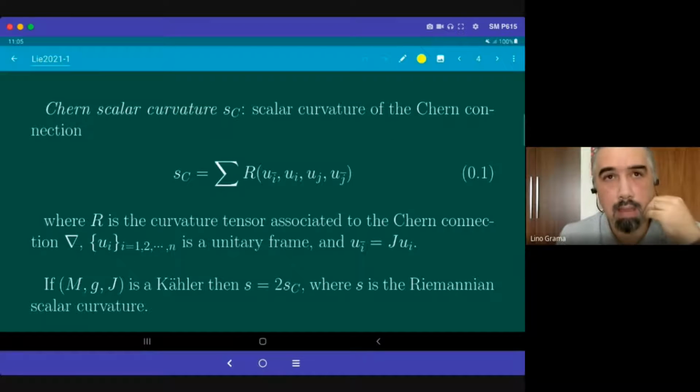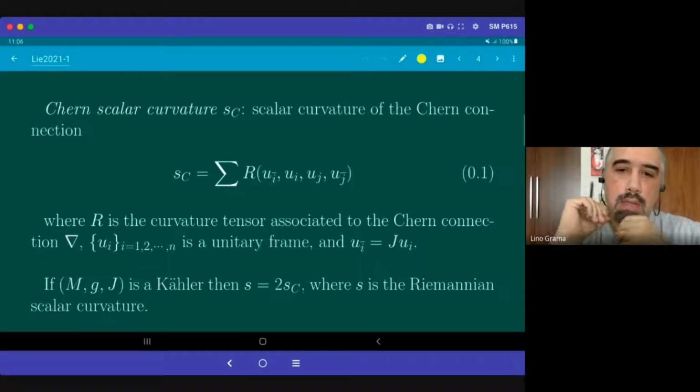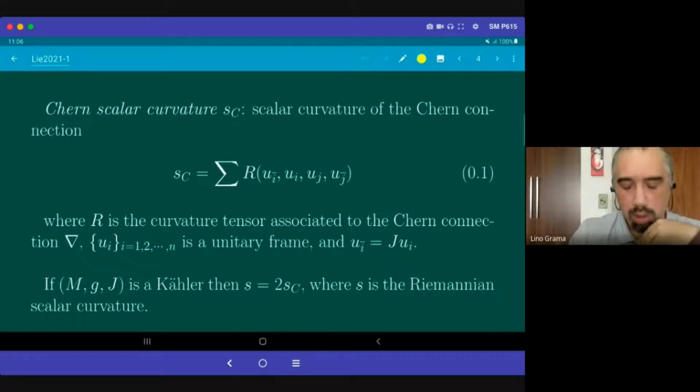Given a linear connection, you can define the curvature tensors, the Ricci tensor, and the scalar curvature for the associated connection. We call the Chern scalar curvature, which we denote by SC, the scalar curvature of the Chern connection. It is given by the usual sum over the indices i, j, where R is the curvature tensor associated to the Chern connection, and we have a unitary frame.